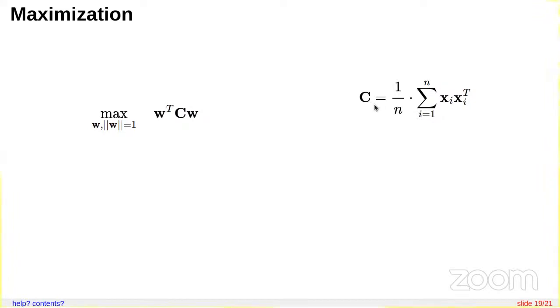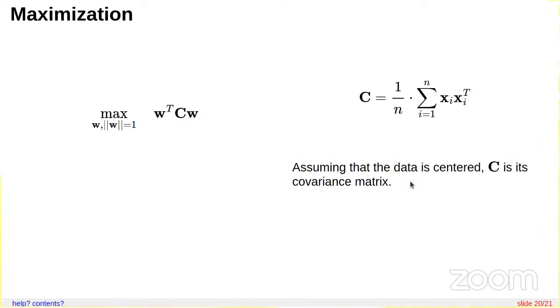Should the data set have some specific property? Centered. Yes. If the data is not centered, then this is not the formula for the covariance matrix. You have to do xi minus mu into xi minus mu transpose, but assuming that the data is already centered, mu is 0, so this will be the covariance matrix.